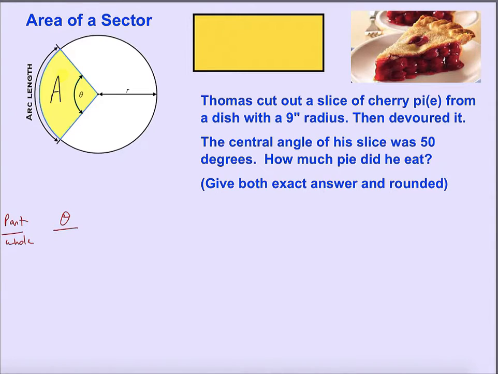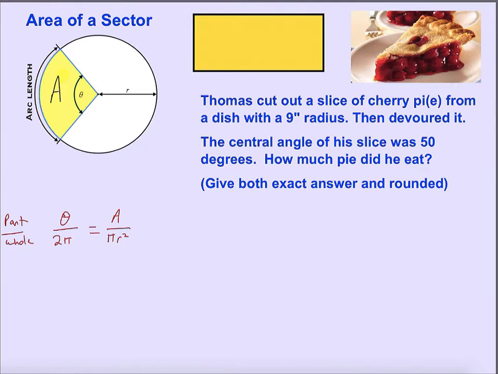The whole trip around the circle would be 2 pi. And we are going to say that that has to be equal to the other part over the whole. This is called a proportion. One part over the whole should equal the other part over the whole: the area of that sector divided by the area of the entire circle, which we know from a very long time ago is pi r squared.